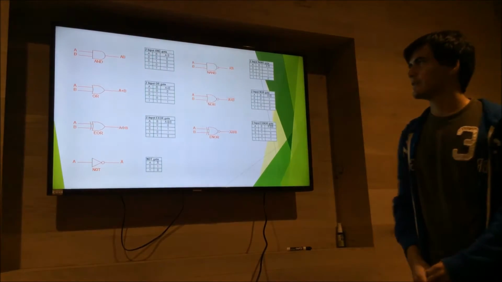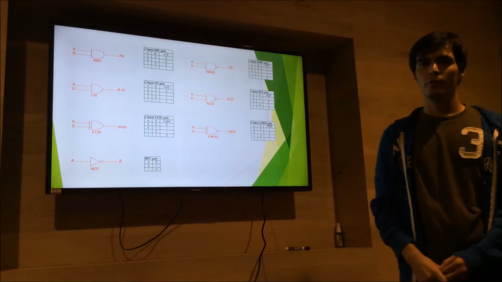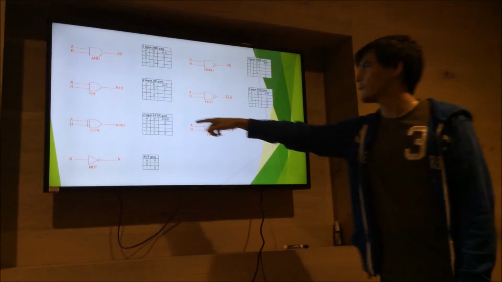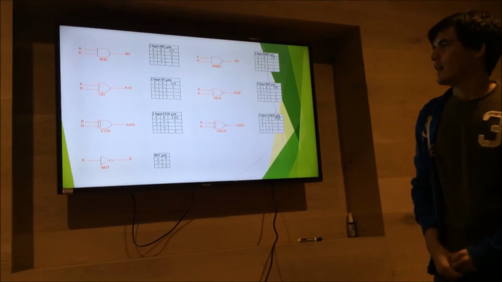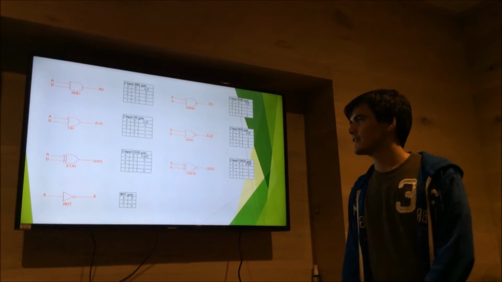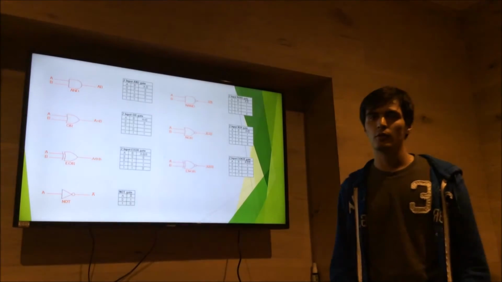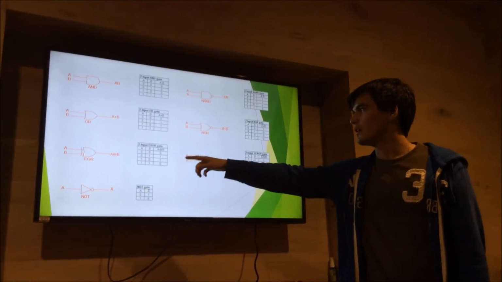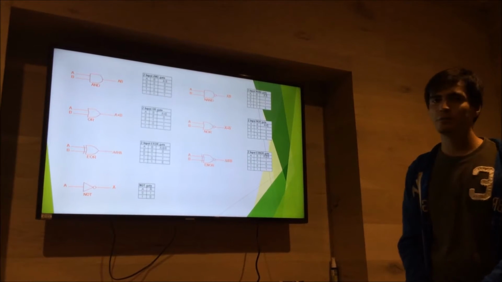The OR gate is for adding, so while we have 1 in A or B, we will have 1 in the output. And the exclusive OR is a gate for differences, so when we have different numbers in the inputs, we will have a 1 in the output.